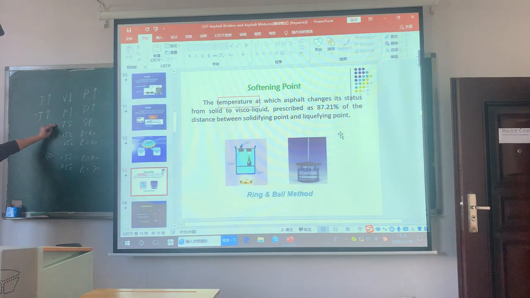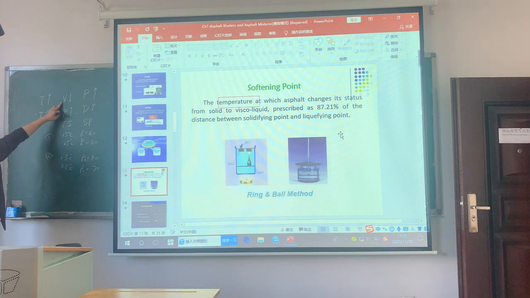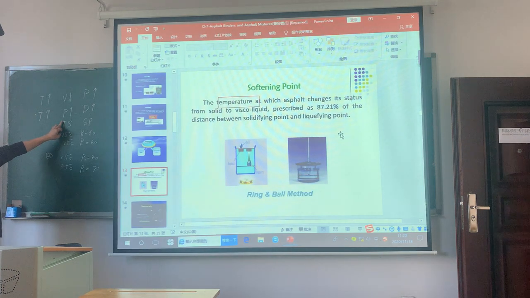For the properties of the asphalt, maybe there are multiple properties, but these three are the most important. The first one is viscosity, plasticity, and temperature susceptibility.